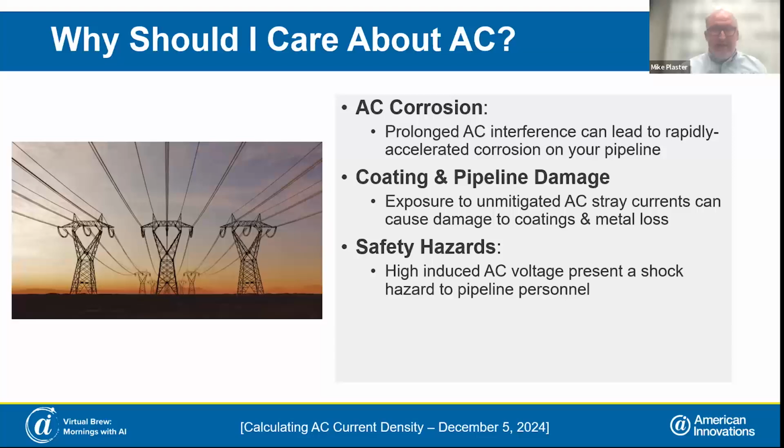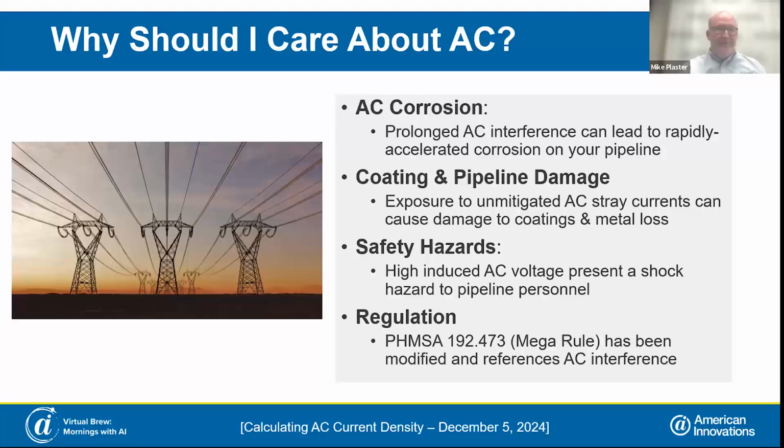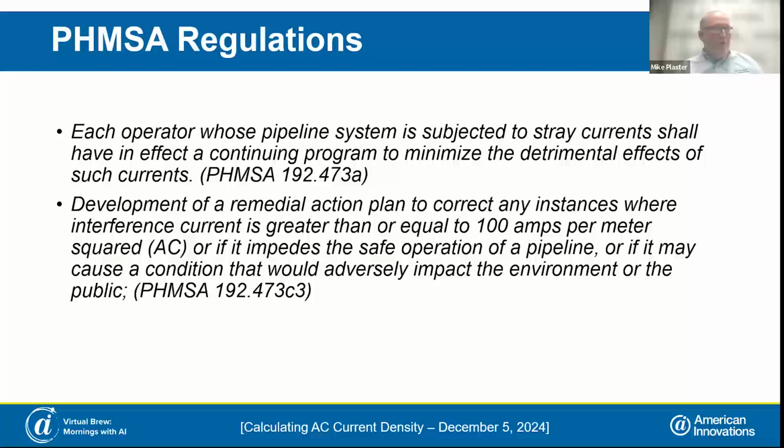If that is not enough, there's regulations on it. The PHMSA 192.473 has been modified to reference the AC interference as well as the Mega Rule. So for the regulations, each operator needs to have a plan to minimize the stray current on your pipeline and also to correct any instances where it is greater than 100 amps per square meter.